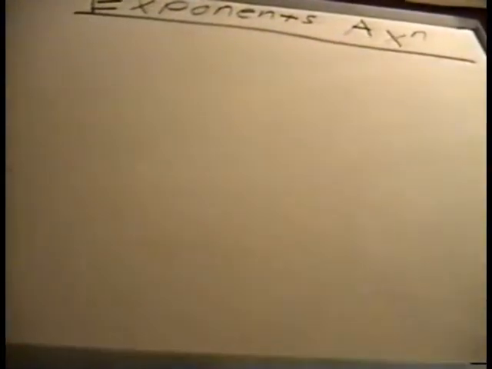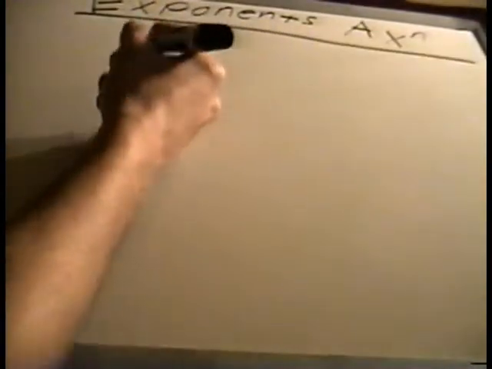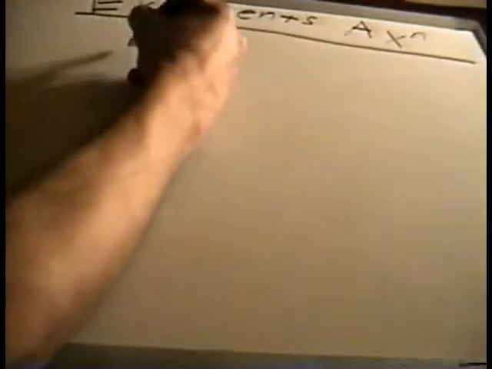So if they don't meet these conditions, they are unlike. This means that x can be added to 2x to give us 3x.